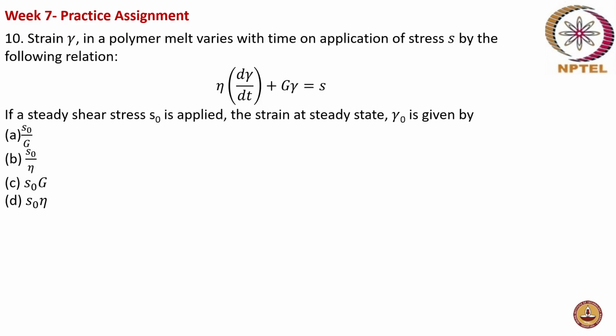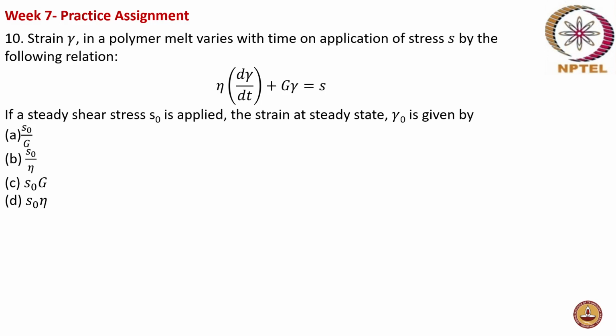Strain gamma in a polymer melt varies with time on application of stress S by the following relation: eta into d gamma by dt plus G into gamma is equal to S. Here S is your stress, gamma is your strain, d gamma by dt is your strain rate, eta is your viscosity, the viscous component, and G is your elastic component.